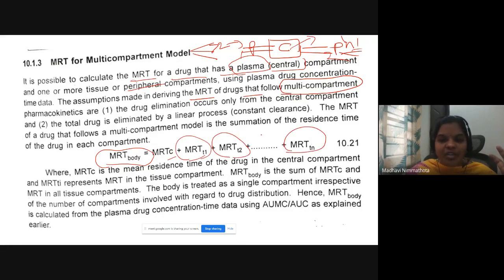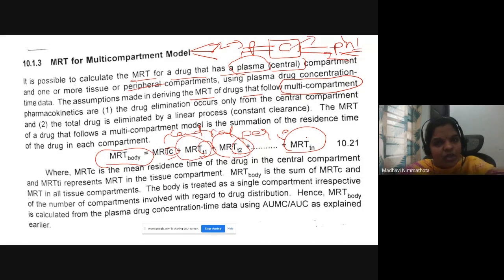These all represent the peripheral compartments, and this is the central compartment. So if we need to calculate the mean residence time for a drug following the multi-compartment model, we need to combine the mean residence time of drug molecules in the central compartment and in the respective peripheral compartments. The central compartment is highly perfused tissues, like kidney, lungs, liver, as I already told you. And the peripheral compartments are somewhat less perfused tissues.